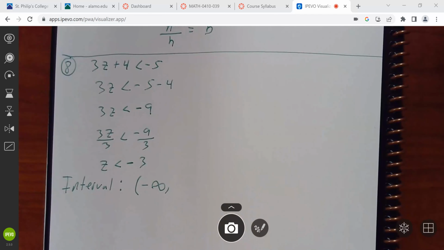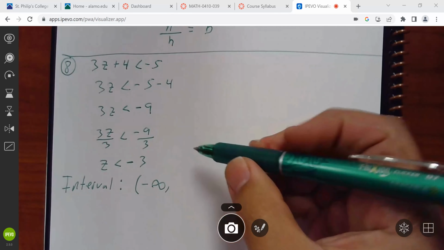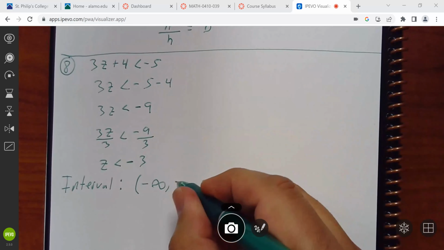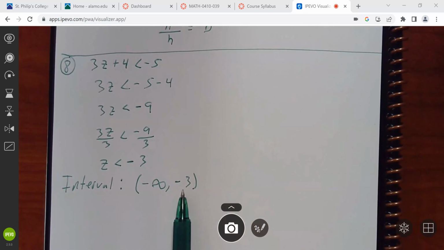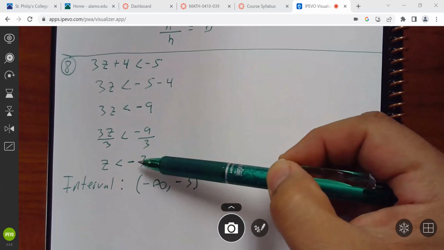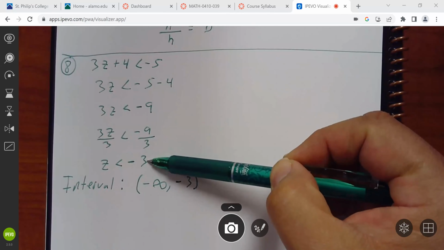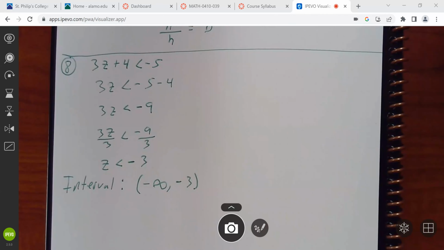Most negative has to go first. So since it's going all the way to the left, the biggest value would be -3. Negative infinity all the way up until -3. Going forever.